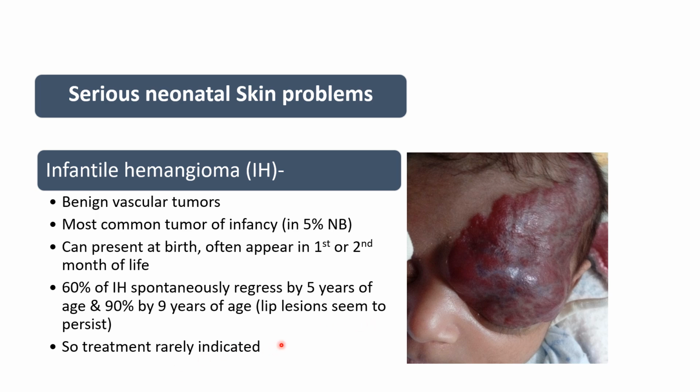So treatment is rarely required in such cases because 60% will have regressed completely by 5 years of age. So according to the site and the age, we have to explain the prognosis and advise a treatment.